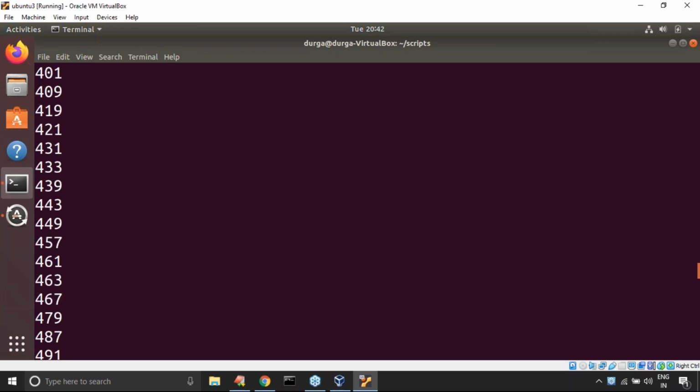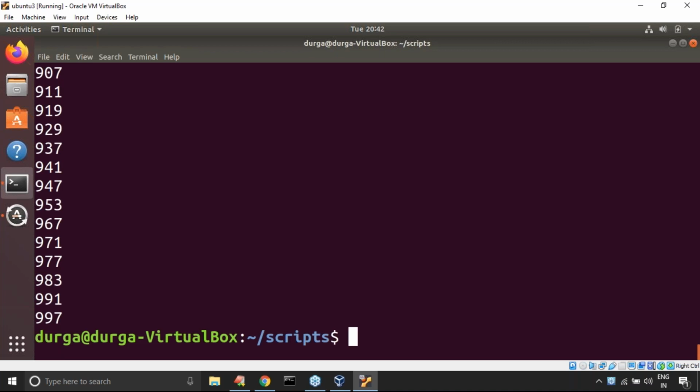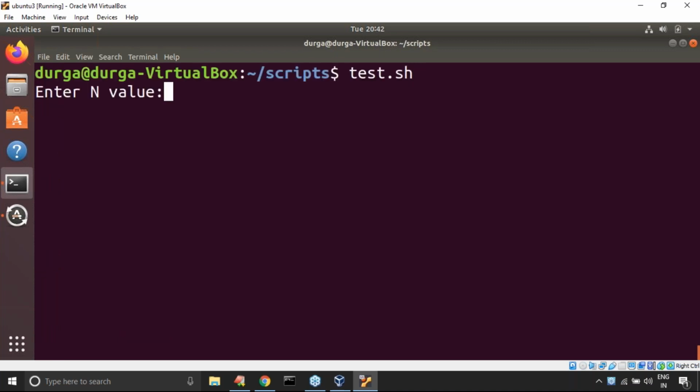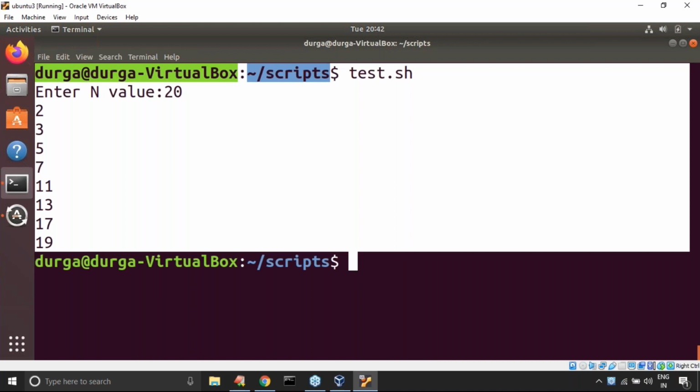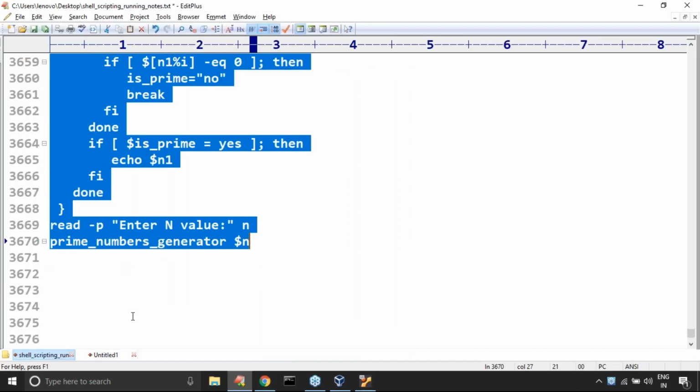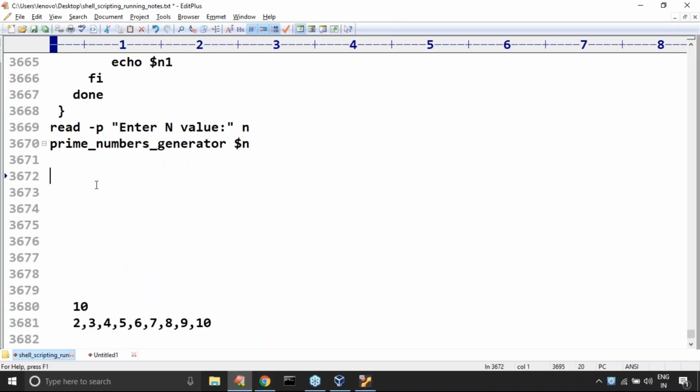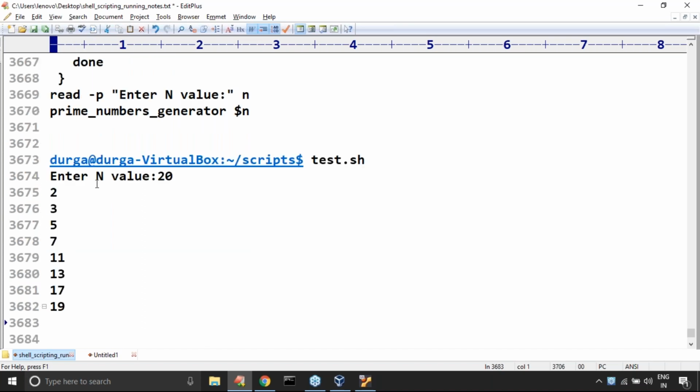You can't find more than two factors anywhere. Remember these numbers. Any doubt or any explanation required about this logic? Definitely somewhere you people are going to feel doubt, I'm sure. Okay, I will explain.